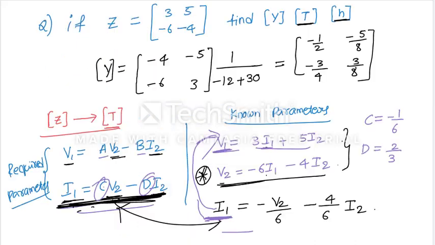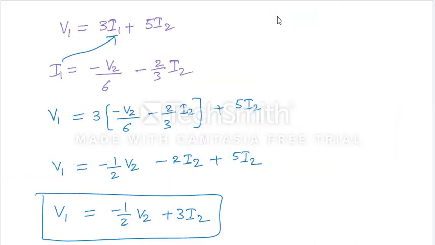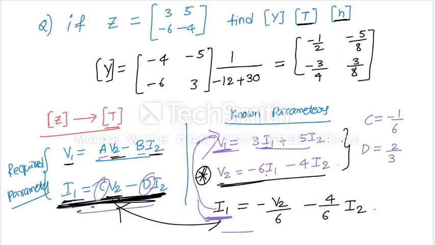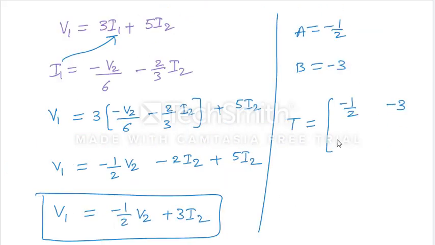Now I can compare this equation with these parameters, so from this I can get A and B. A is minus 1 by 2 and B is 3. So finally my T matrix is given as minus 1 by 2, minus 3 and minus 1 by 6, 2 by 3. This is the T matrix.